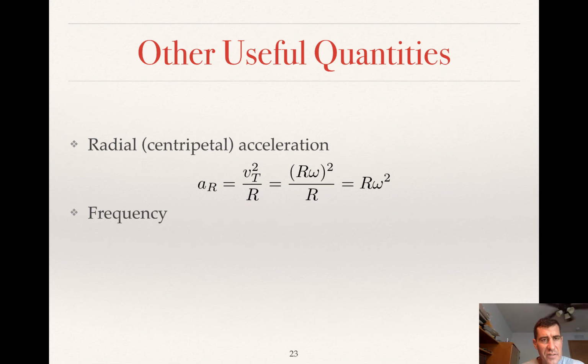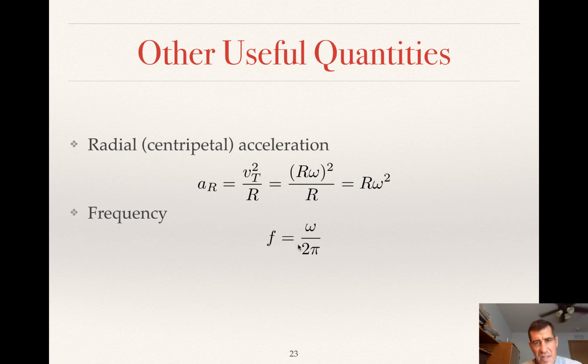And again, quick reminder, you can also define something called the frequency. The frequency is omega divided by 2 pi. Omega, remember, is in radians per second. You divide by 2 pi, and remember there are 2 pi radians in one complete rotation.